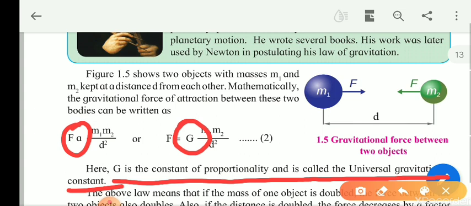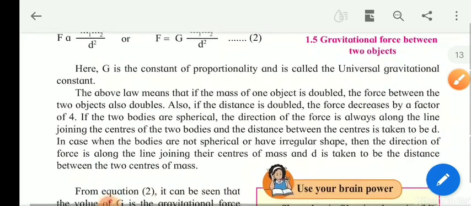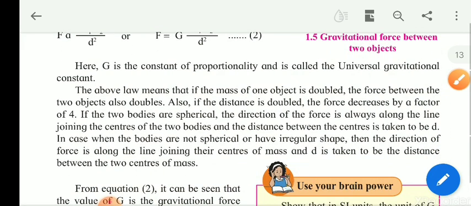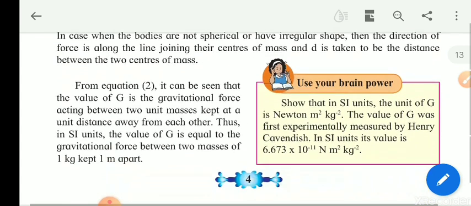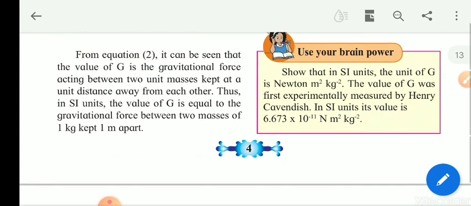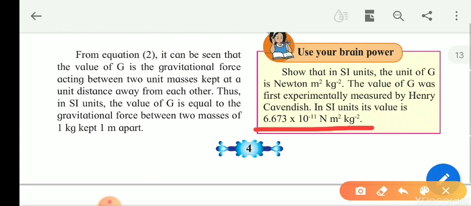Now, about this G, it is a constant value, and you can see that the value is mentioned over here, that is 6.673 into 10 raised to minus 11 Newton meter square per kg square.